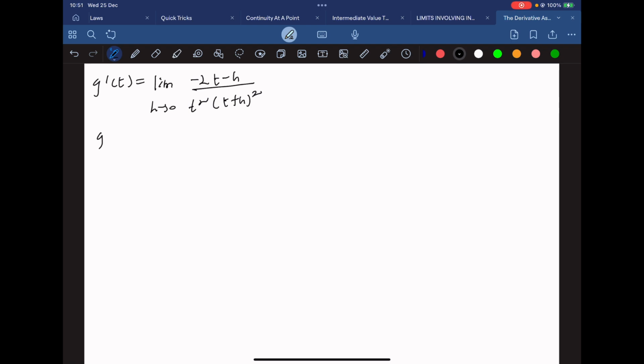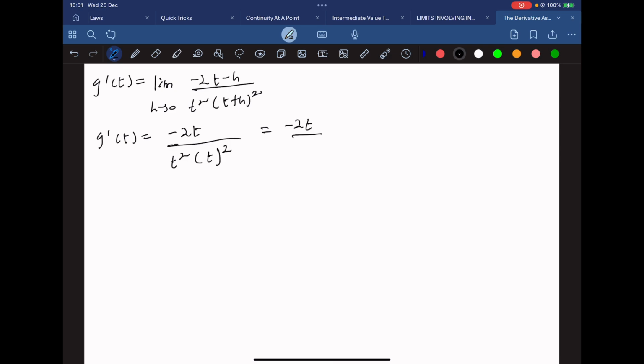So now when h goes to 0, meaning that this term right here goes to 0, this also goes to 0. So we have, in the numerator, we're just going to have minus 2t. In the denominator, we have t squared, then t plus 0. So t plus 0 is the same as t. So we have t squared right here. So this simplifies to minus 2t.